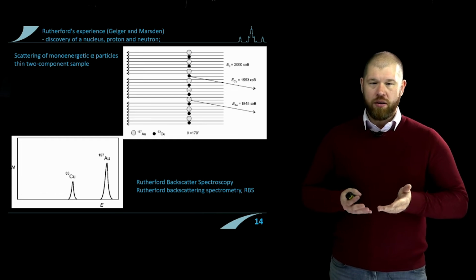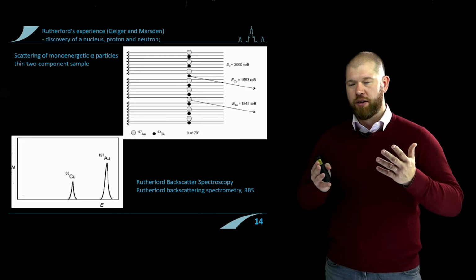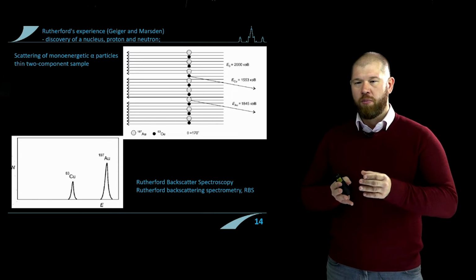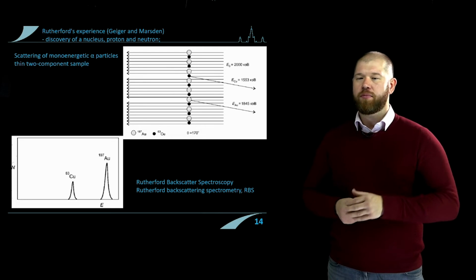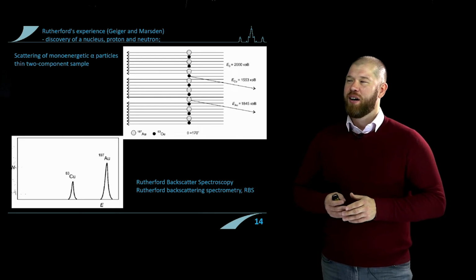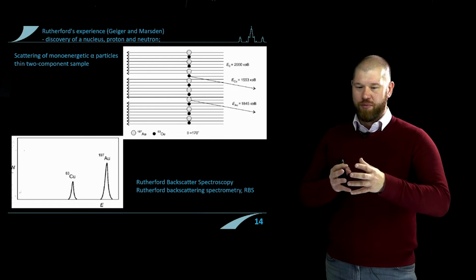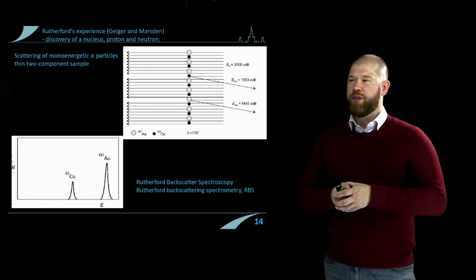The only explanation of this observation was that there is a very small but very heavy, positively charged particle inside the gold foil that contains all the mass of the atom.